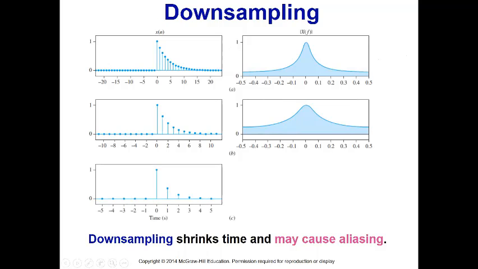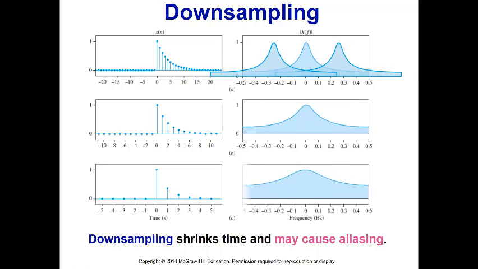And if we downsample yet again, we're going to bring those copies even closer, and get even more overlapping and aliasing.